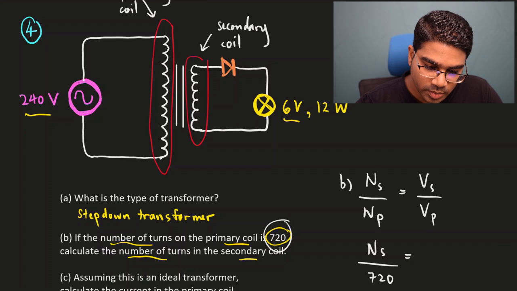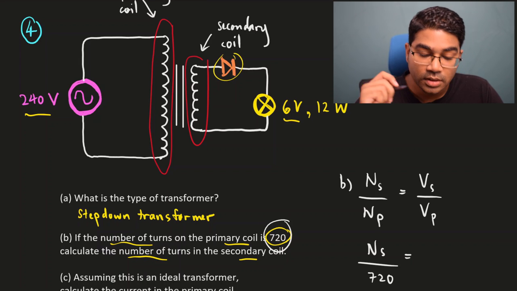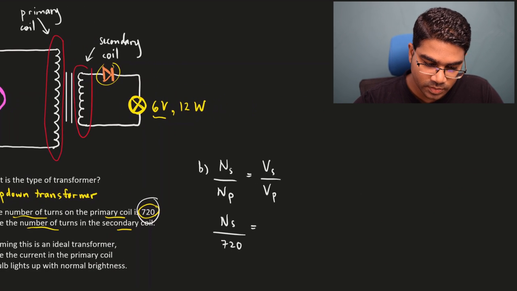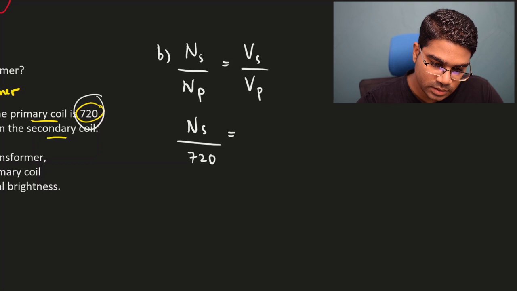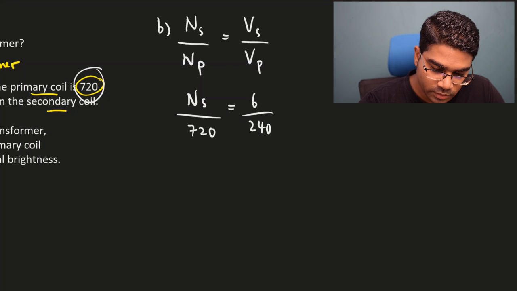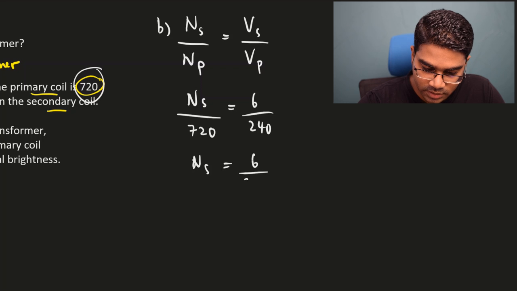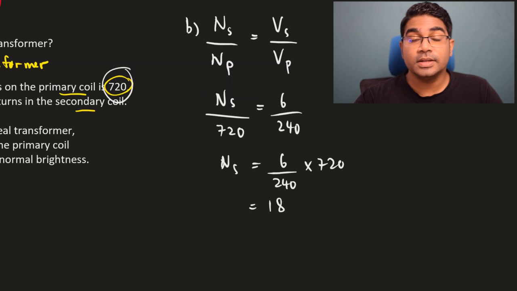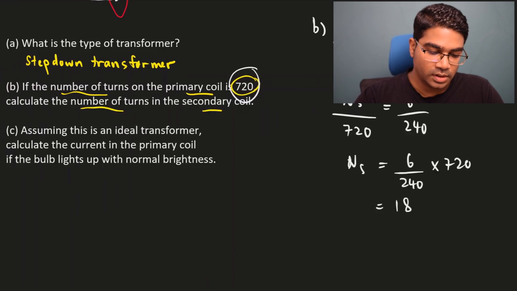And we're going to ignore any potential difference that might occur across the diode. So we take 6 volts. So what we have is 6 over 240. And all we have to do is solve for the number of secondary coils. This will be equal to 6 over 240 multiplied by 720. So this will give us 18. So the 18 turns on the secondary coil.